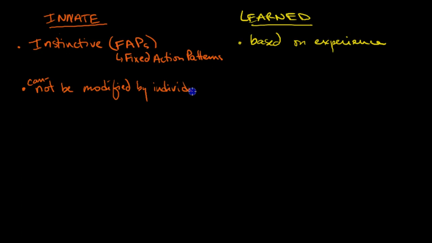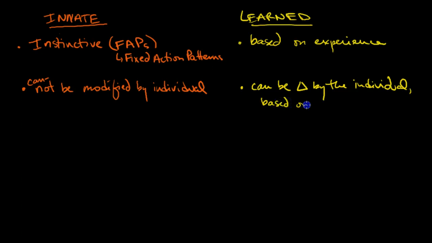So you can't choose to change it just because you want to change it, as opposed to a learned behavior that can be changed by the individual, and it's usually based on trial and error.